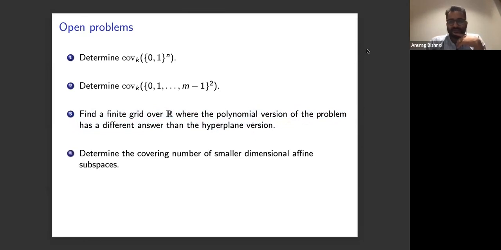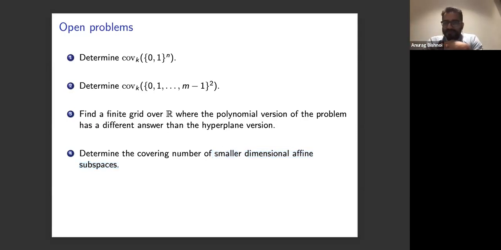Another very exciting open problem is what happens if you replace hyperplanes with smaller dimensional affine subspaces. For example, in 3 dimensions, if you want to cover your grid with lines, this is really hard in general, because our polynomial method, if you remember the proof from the first few slides, required us to have these degree 1 equations defining the hyperplanes which you multiply together.